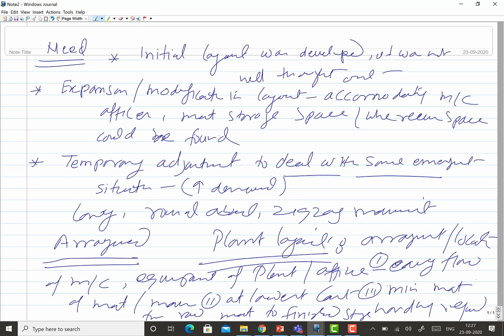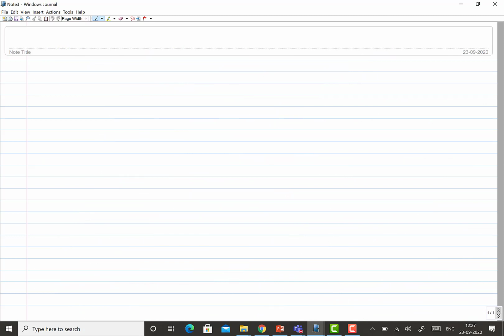So this arrangement can be of different types depending upon the kind of product which is being manufactured or the kind of service which is being provided. As I said, if we don't understand the existing setup, then we may very easily say that this is not appropriate, or this is zigzag, or this is unnecessary.